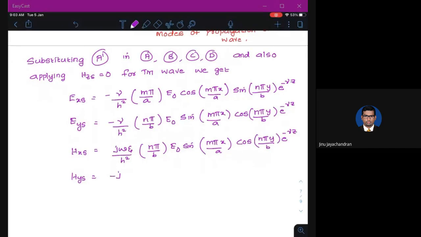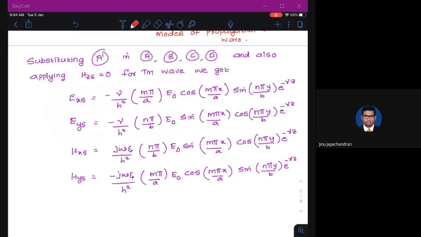HYS is equal to minus j omega epsilon by h square m pi by a E0 cos m pi x by a sine n pi y by b e raised to minus gamma z.